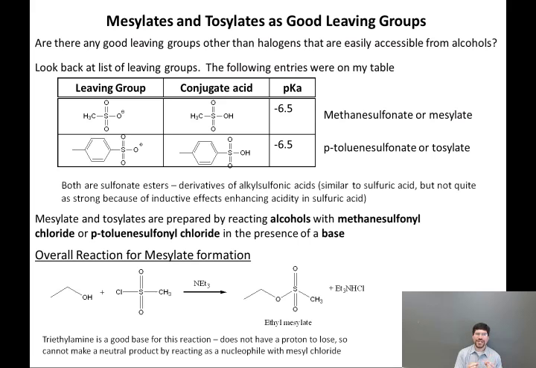It is a tertiary amine, so therefore it cannot make a neutral product if it should happen to react with mesyl chloride. I have drawn here the full structure of ethyl mesylate, but we frequently use a shorthand where mesylate is indicated OMS and tosylate is indicated as OTS.